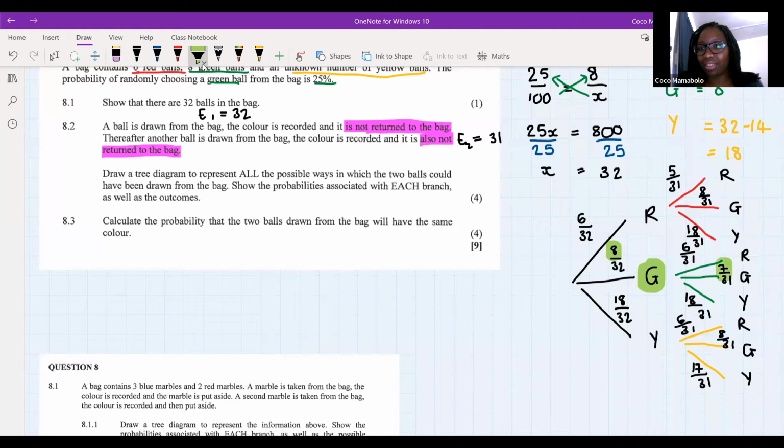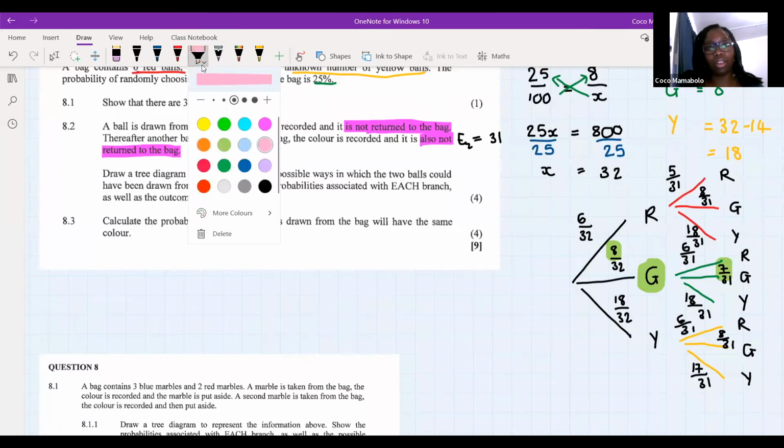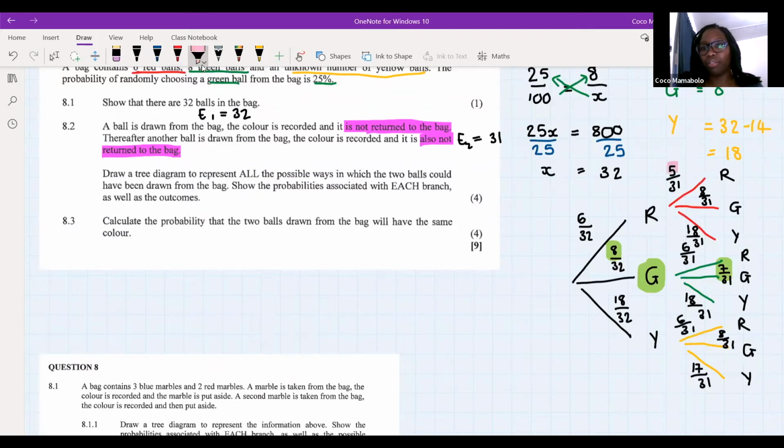So in the second event that we're doing over here, we're assuming that we picked a green ball in the first event. I hope that makes sense. Same with the red one over here, 5/31. The reason why it's 5 and not 6 is because we're assuming we took out a red ball in the first event. Okay, awesome.